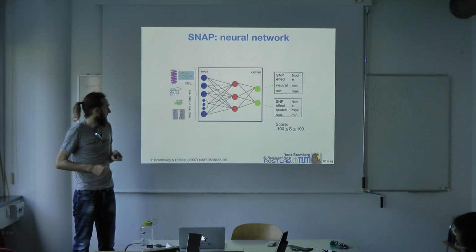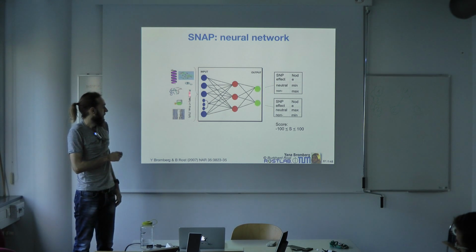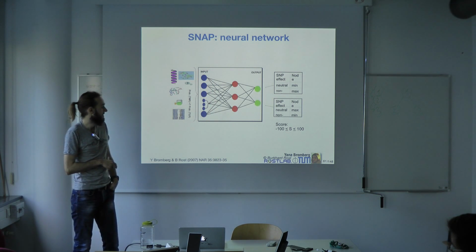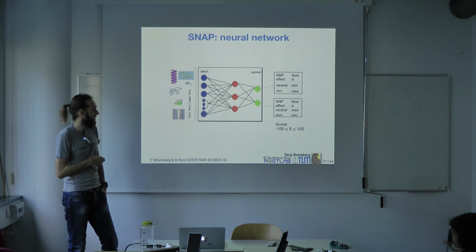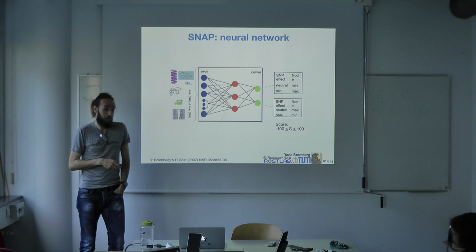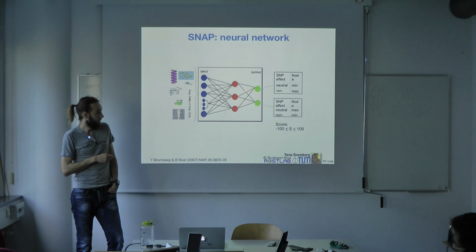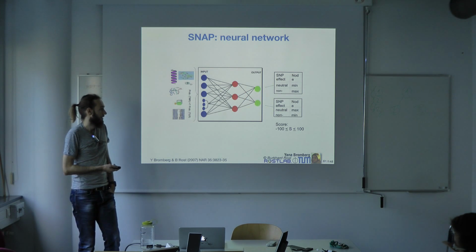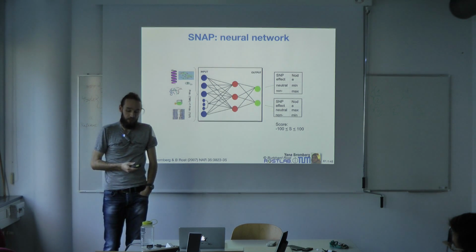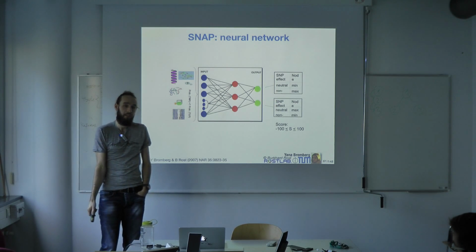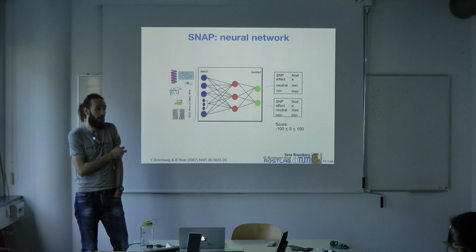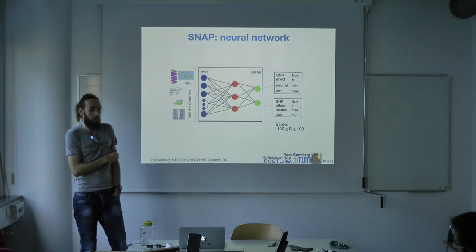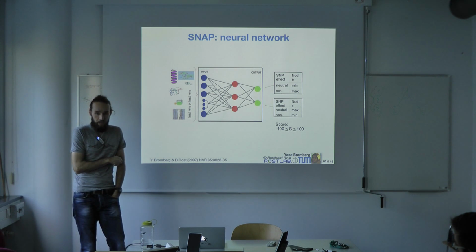As I said, SNAP is a neural network. Here we have a lot of features. They are encoded into our input nodes. Then we have a hidden layer. This is not to size; there are more nodes than just these few. But we do have 2 output nodes: one output node which is optimized for effect variants, so this should give a high value when we believe a variant has an effect, and one output node which is the reverse, for the neutral variants.